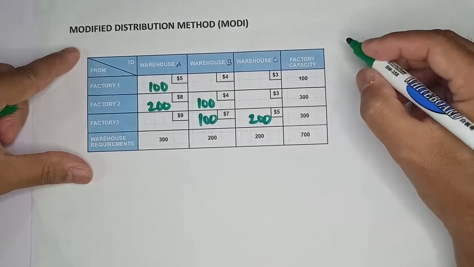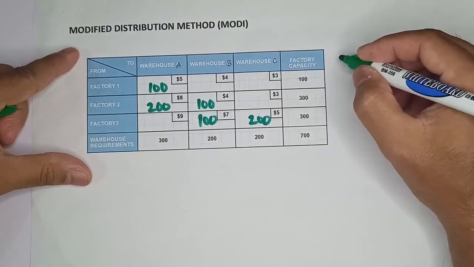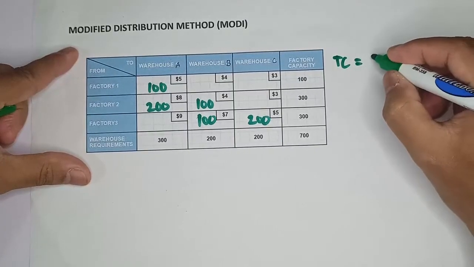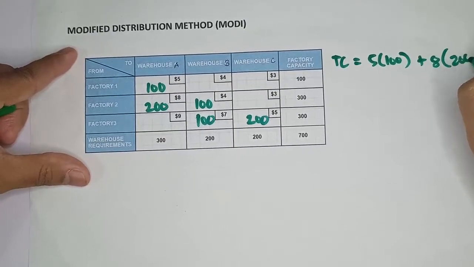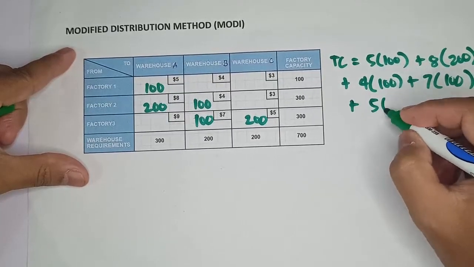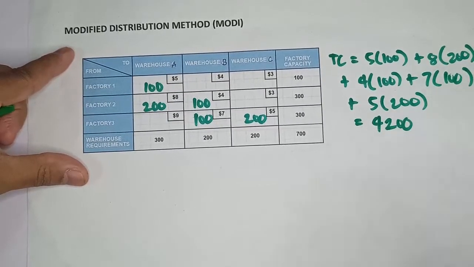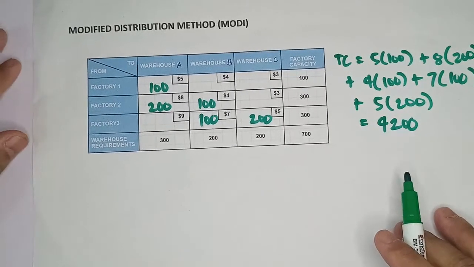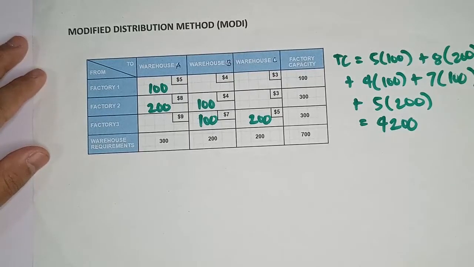And the total transportation cost using the northwest corner rule, the initial transportation cost, is equal to 4,200.